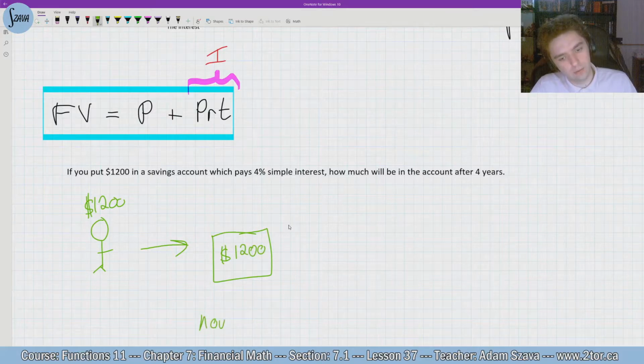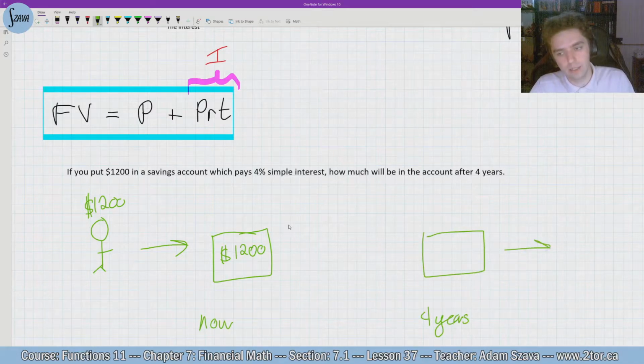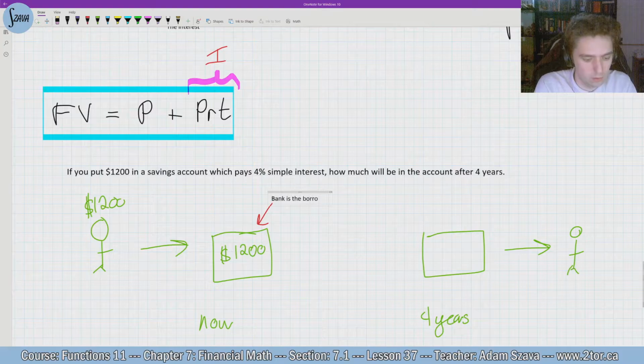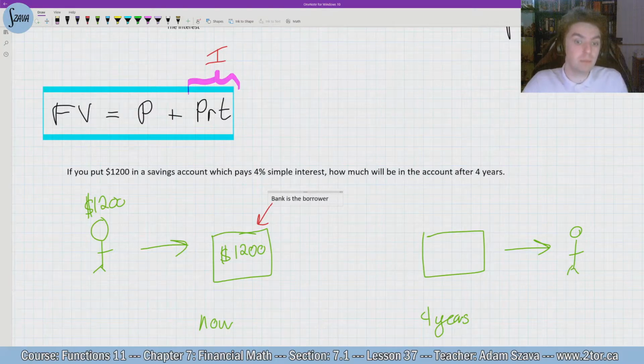And 4 years later, you want to look inside that same bank account and take some money out, and you want to know how much is going to be in that bank account. So the borrower is the bank.